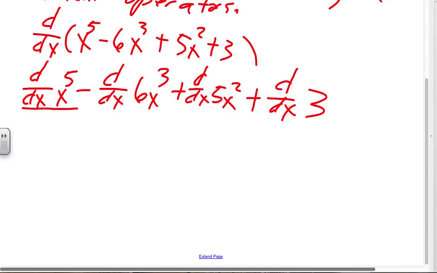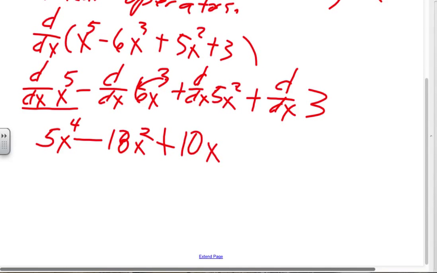So you multiply by the coefficient, that's going to give me 5x, then subtract 1, to the fourth, minus, multiply, 18x, subtract 1, squared, plus 5 times 2 is 10, 2 minus 1 is 1, and the derivative of a constant is 0. So there's your derivative.